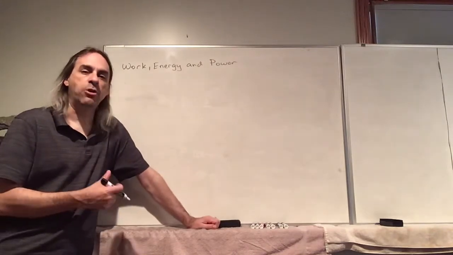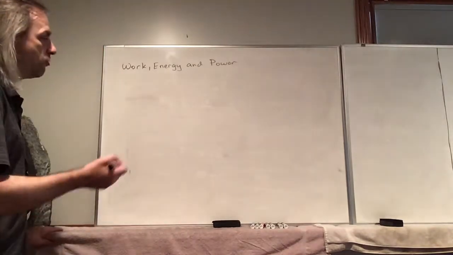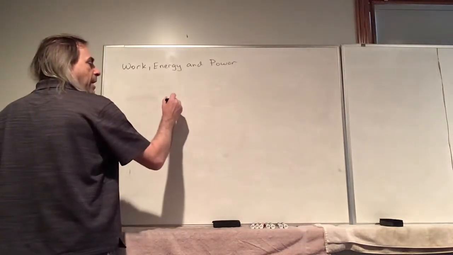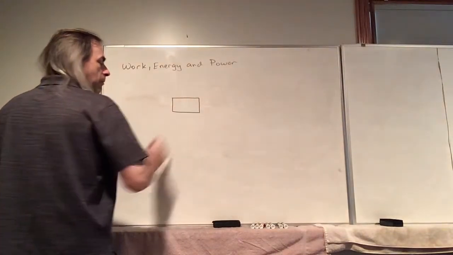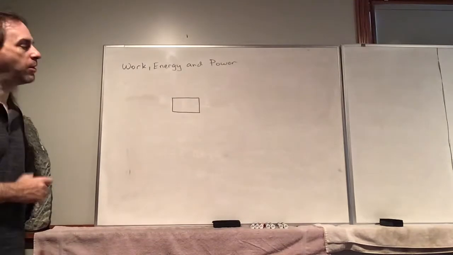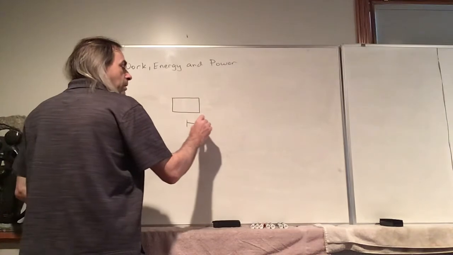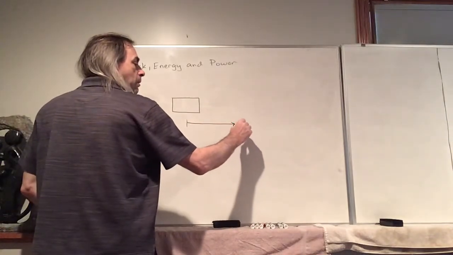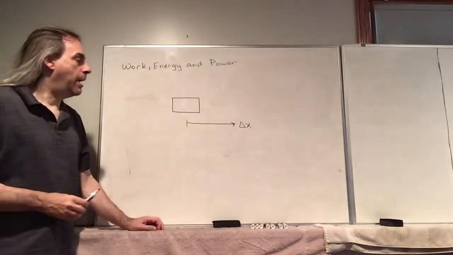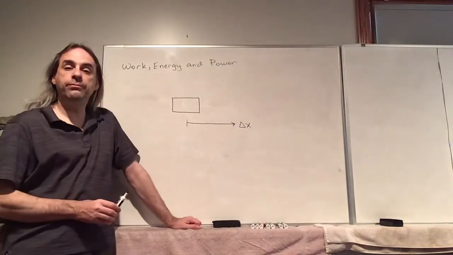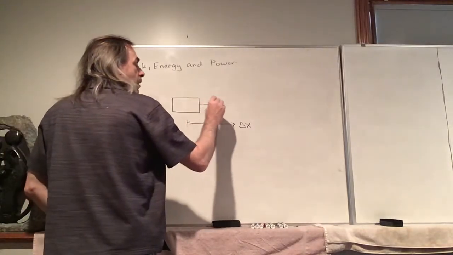But we're going to have to build up our definition of work in pieces. Let's start out. Let's say we have an object, and we're going to apply a force. Let's say it goes through a displacement delta x. Now, we're going to start out by saying, let's say we apply a force in the direction of displacement.